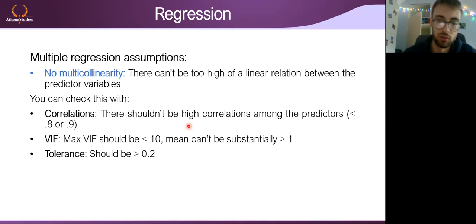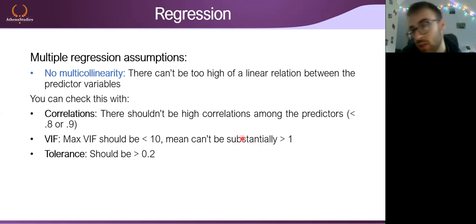But you're mostly going to find these VIFs being smaller than 10. If you find all the VIFs to be 9 or something like that, or I don't know, 7, then you would say that all of the variables, like this set of variables as a whole, is problematic. If the mean is substantially higher than 1.